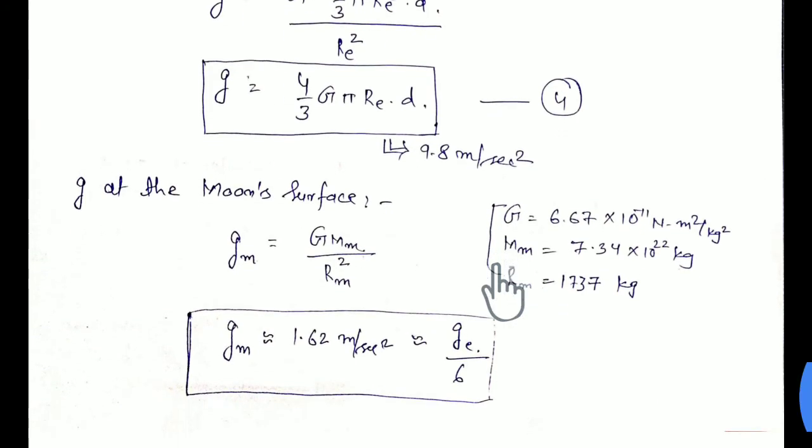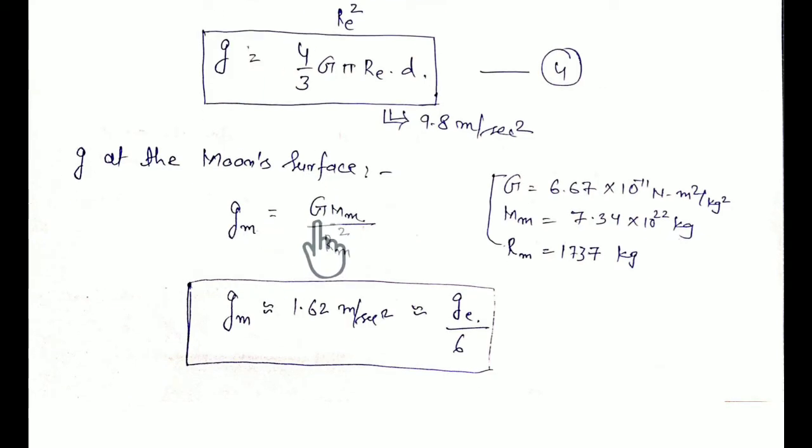Now if we want to know the value of small g, gravitational acceleration at the moon's surface, we will replace all the values for the moon except the capital G, which is the universal gravitational constant. Small g is equal to capital G mass of moon divided by radius of moon square, where mass of moon is 7.34 into 10 raised to the power 22 kilograms, and radius of moon is 1737 kilometers.